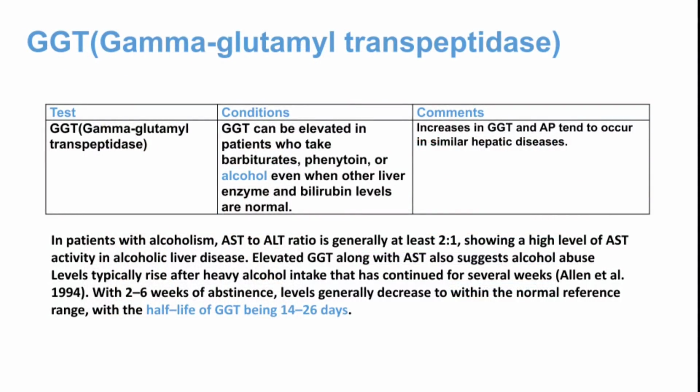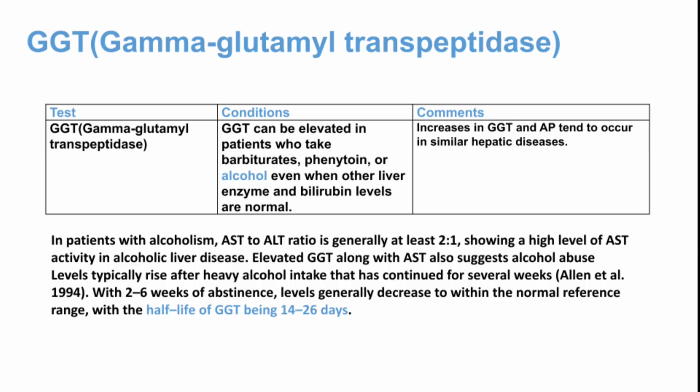Next one is GGT, gamma glutamyl transpeptidase. The test is mainly done to know whether the patient is taking alcohol or not. It can be elevated in patients who take barbiturates, phenytoin, both are anti-epileptic drugs, or a patient who is taking alcohol.